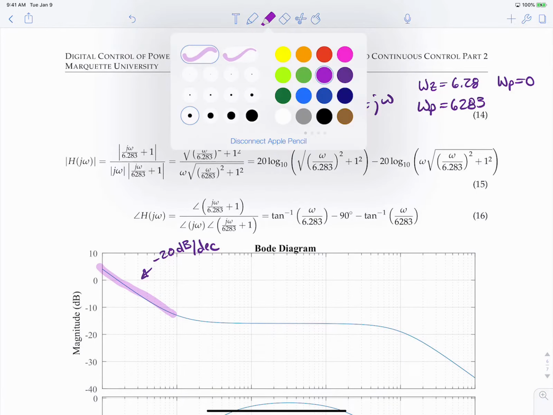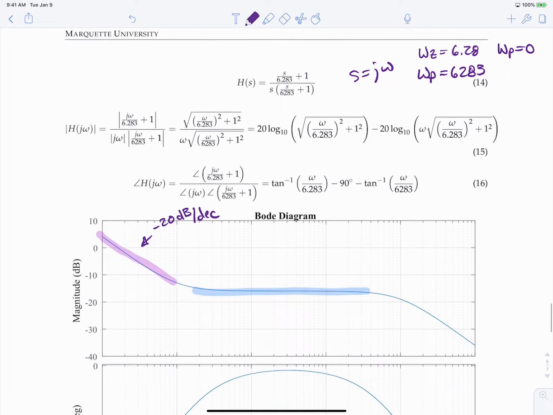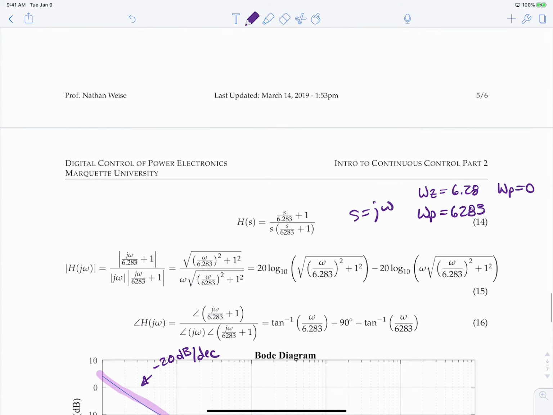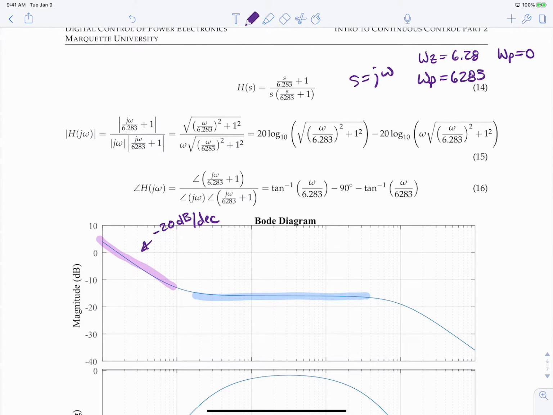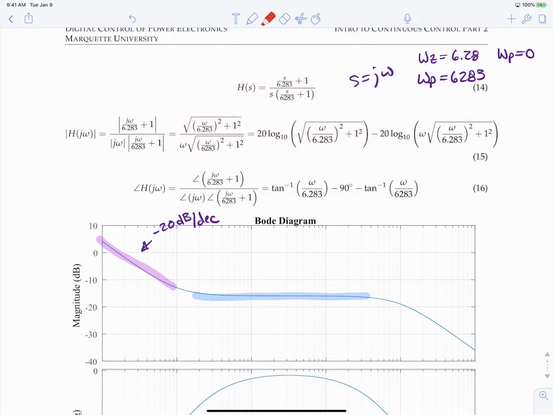All right, so you'll get this region right here. And then lastly, once we go to 6283, which is in this plot about 100 hertz, we'll start rolling off again at minus 20 dB per decade. That would be this region. So this again is minus 20 dB per decade.